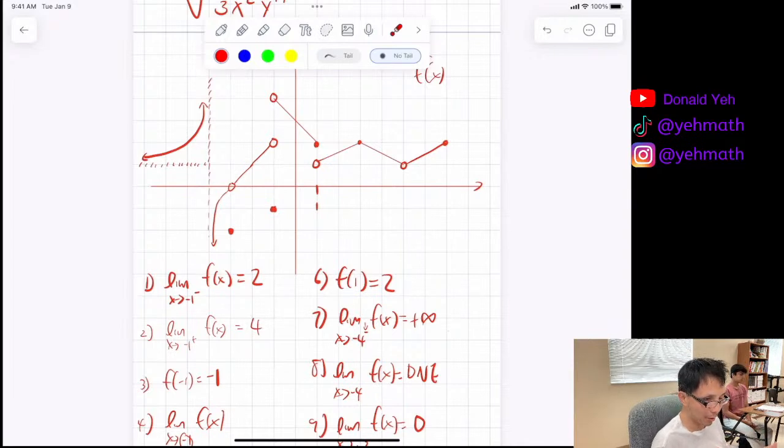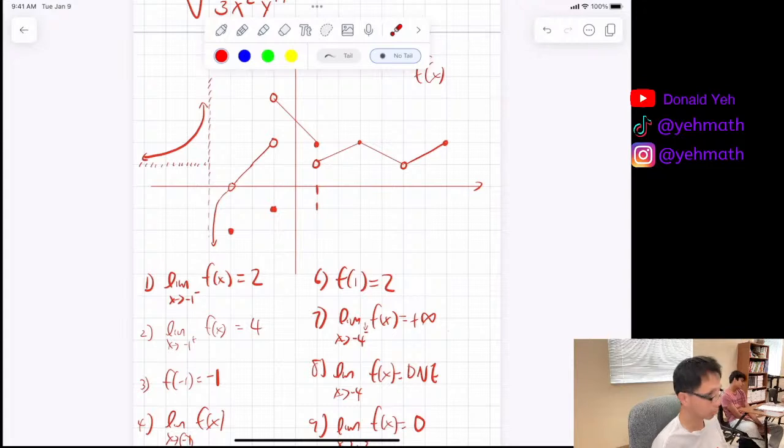So if I asked you for the limit as x approaches -4 from the positive side, that's going to be negative infinity. But if I ask you about -4 in general, that means you need to look at both ends. That becomes does not exist.